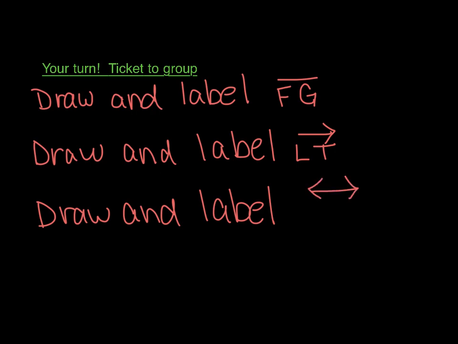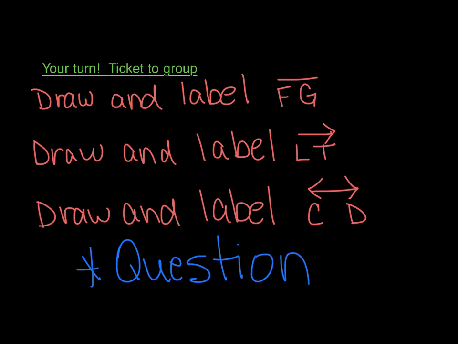Line, let's call it CD. Okay, so make sure that you draw and label all of those correctly. And make sure you bring those to class with your notes. And then the other thing that you need to remember is your required question about this lesson. Remember, it's something that you do not know the answer to.